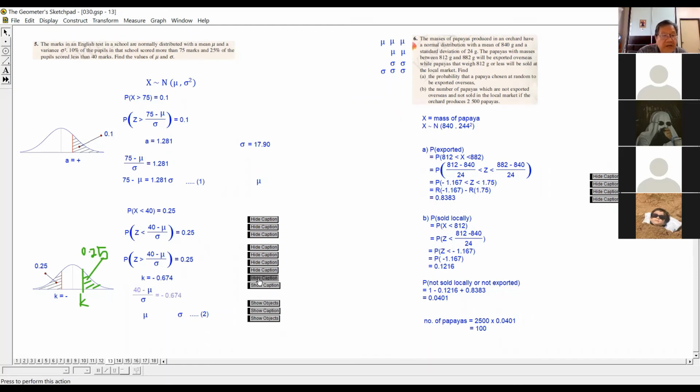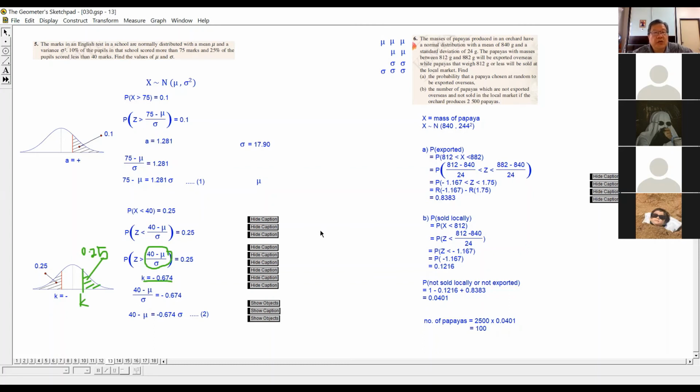So now I try to form the equation. This z-score, I equate with the z-score from the conversion. Yes, the equation is 40 minus mu equals negative 0.674 sigma.